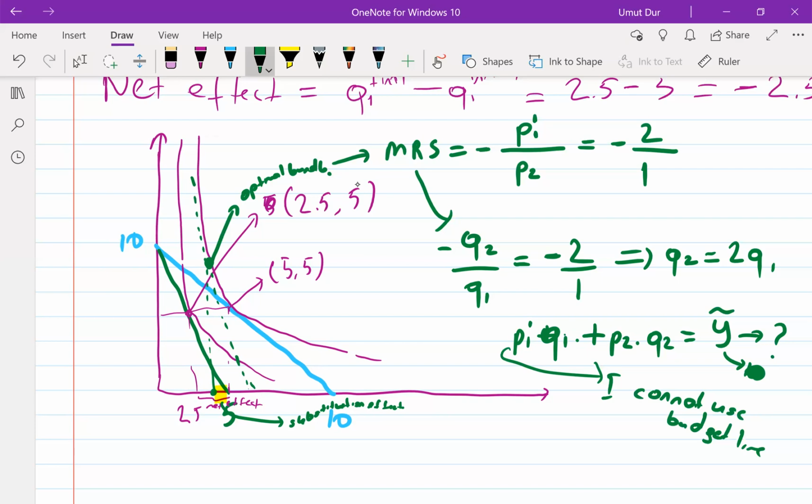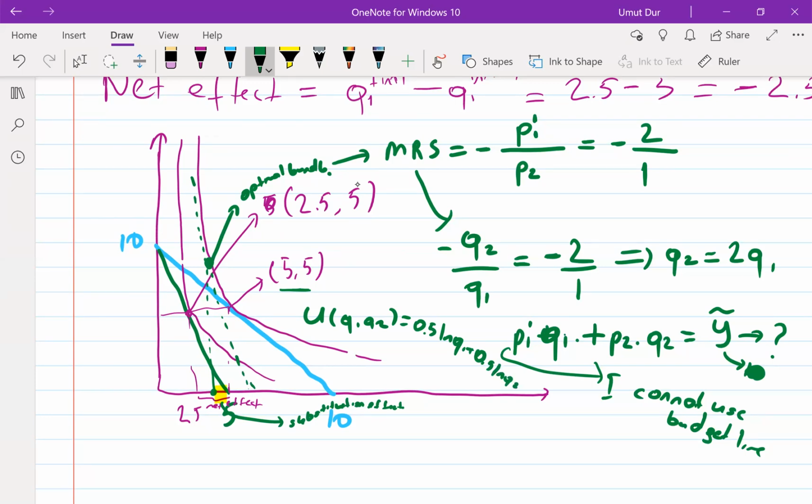Since I know the exact values of one point on this indifference curve, which is my initial optimum bundle, and I know the utility function, right? My utility function is U(Q1, Q2) equal to 0.5 ln Q1 plus 0.5 ln Q2.